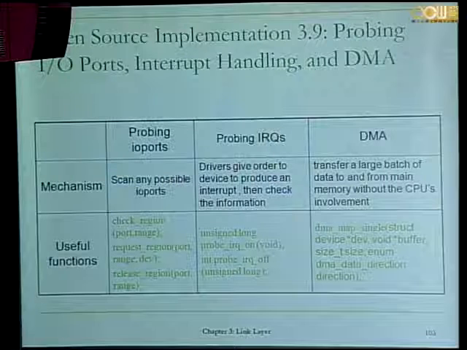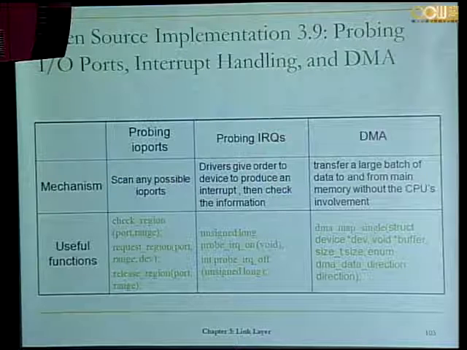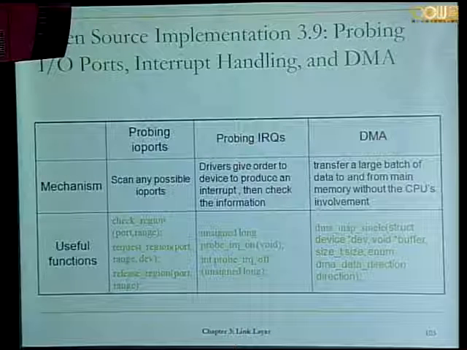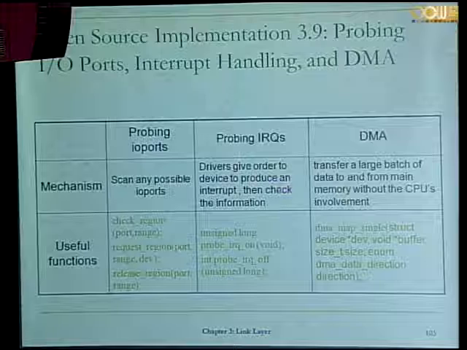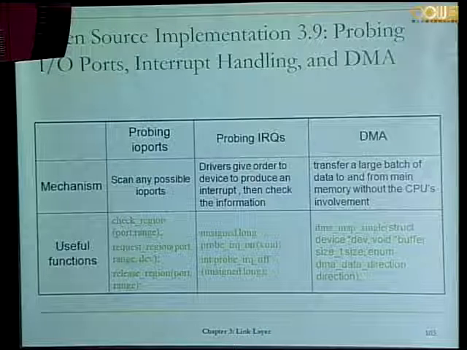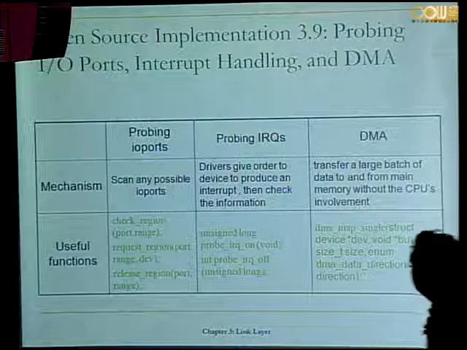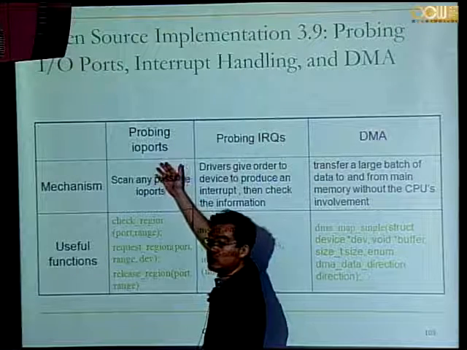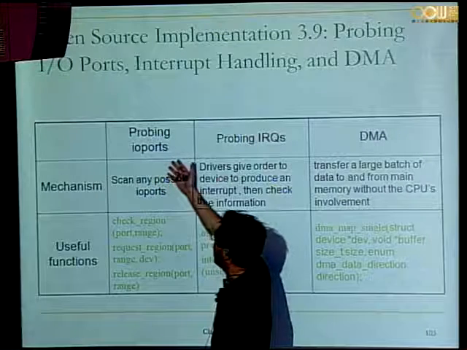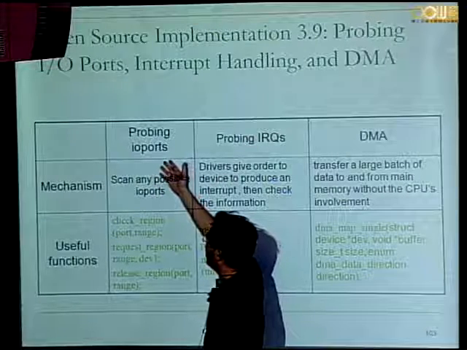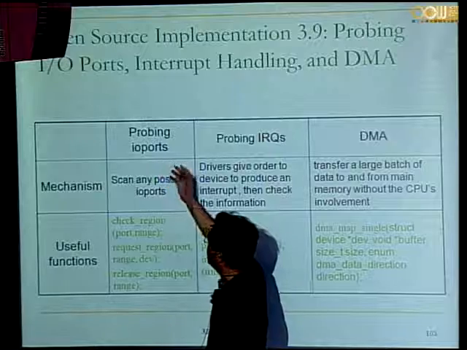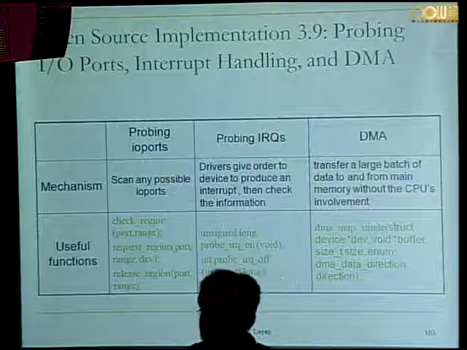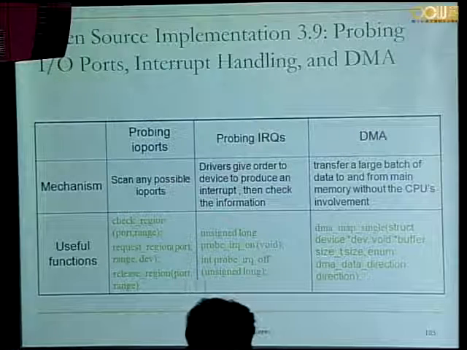Okay. So here's an open source implementation where you can see the actual function used for these three different things. We have mentioned that you need to probe the I/O port in order to know where the registers of the devices are. Again, you need to differentiate the register on the device and the register on the CPU.